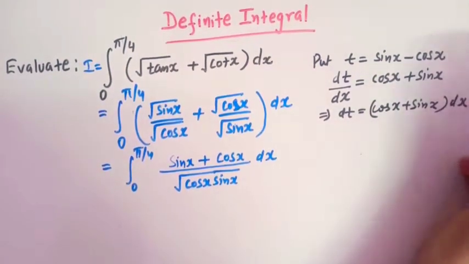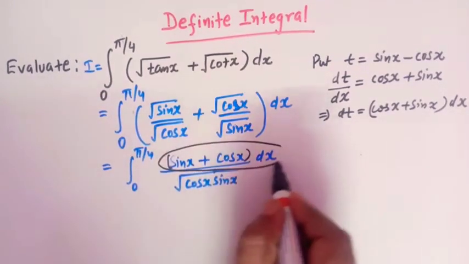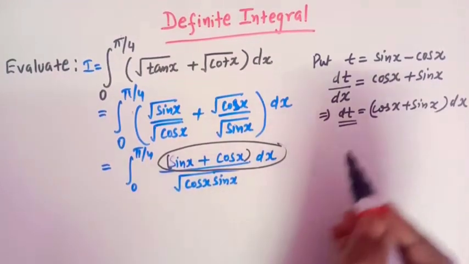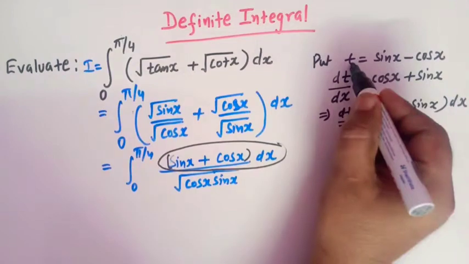So for this term we have dt. Now let us express cos x sin x in terms of t.